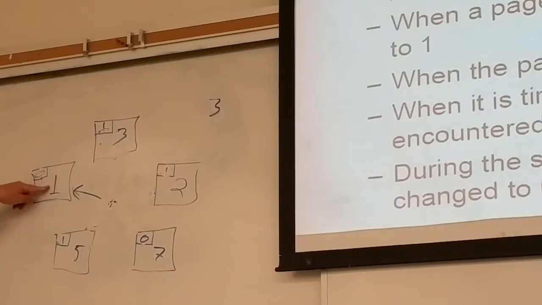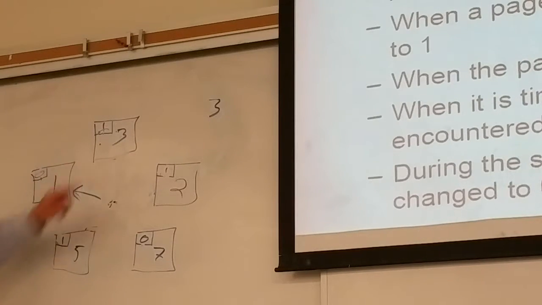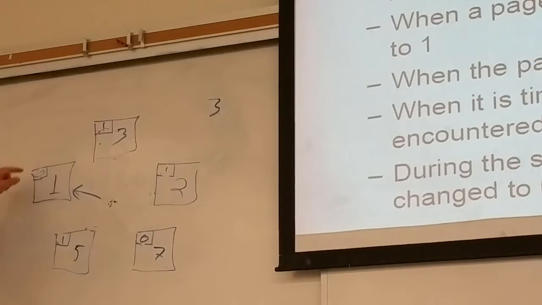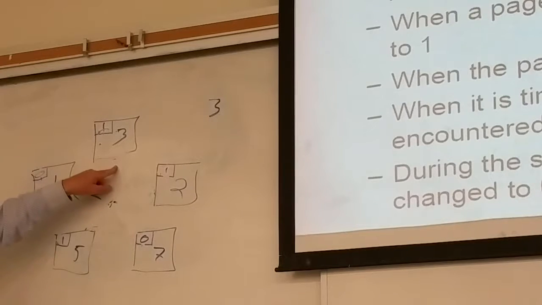Of course, kicking it out means checking its dirty bit to see if you have to do a write. Correct? If the dirty bit's set, you got to do the write first, and then you can kick 1 out, put 3 in, set the bit, and increment the pointer. And if it was a 1, you'd simply set it to 0, increment the pointer, repeat.